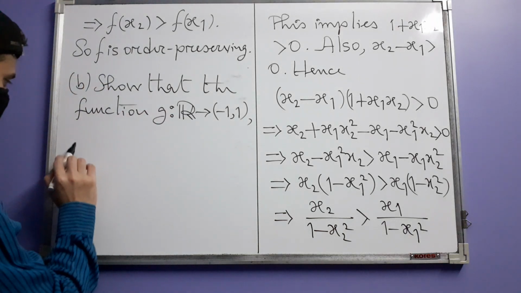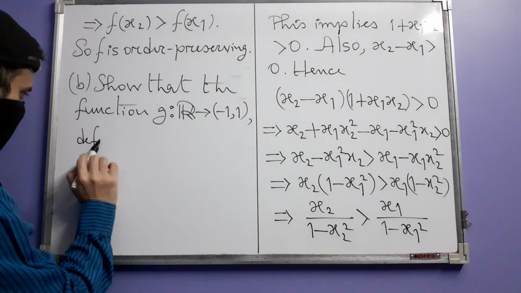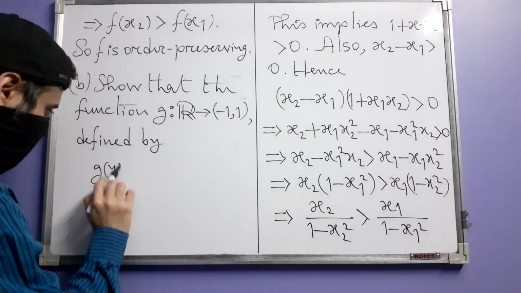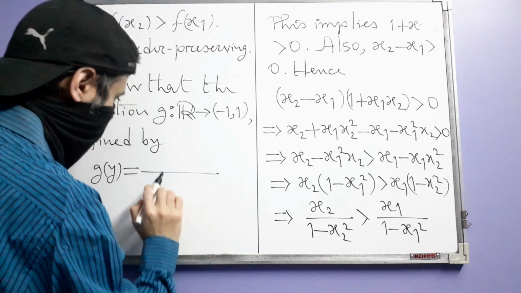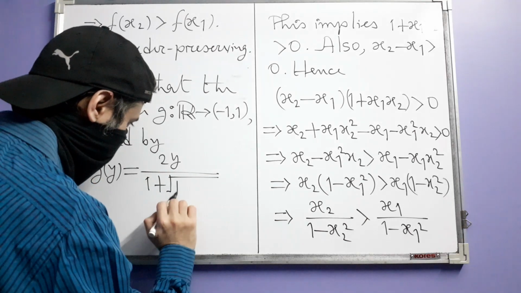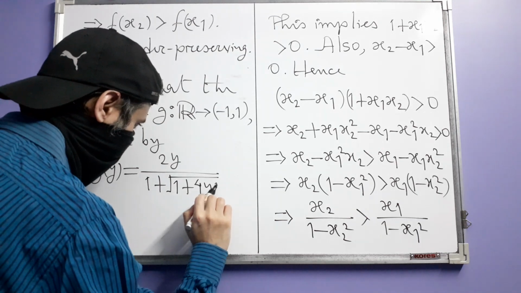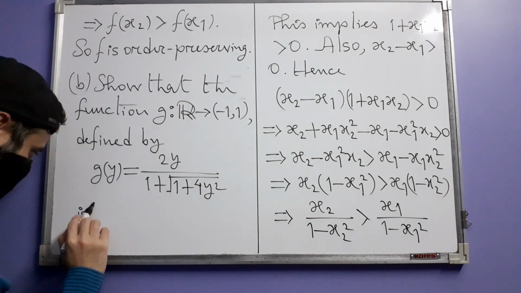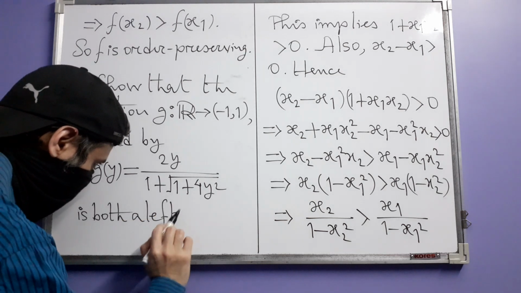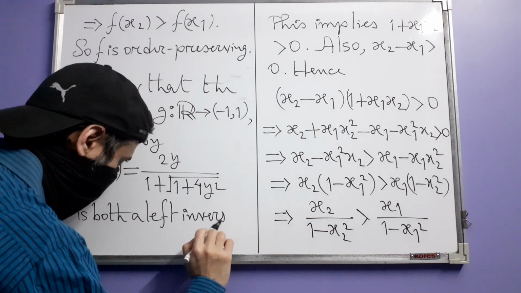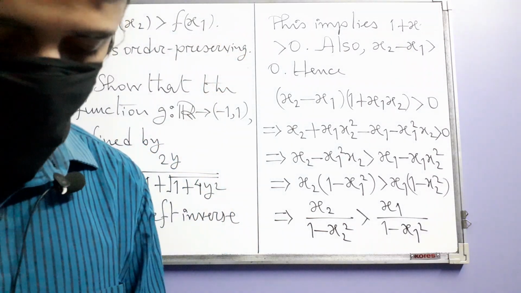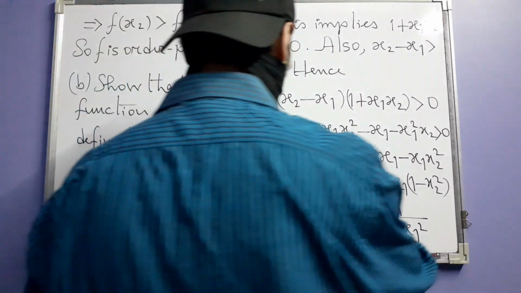I can write like this: defined by this, is both a left inverse and a right inverse of the function f.